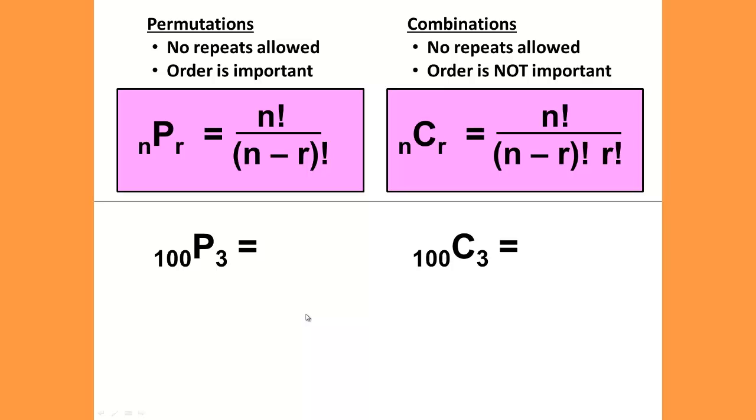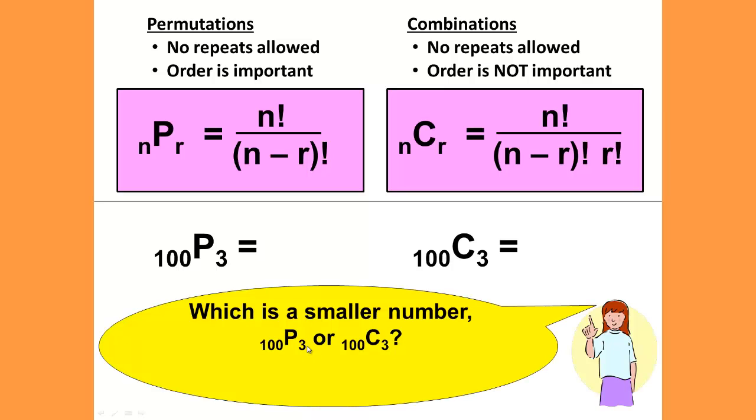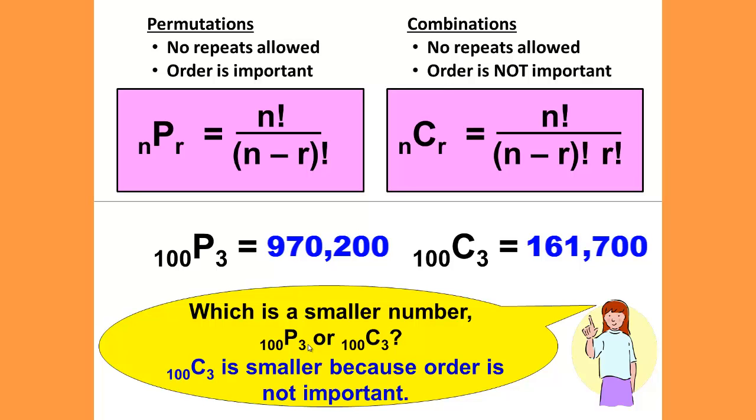Notice as we compared those two problems, which of the two is the smaller number, 100P3 or 100C3? Well, 100C3 is smaller because order is not important, and we will have a smaller number.